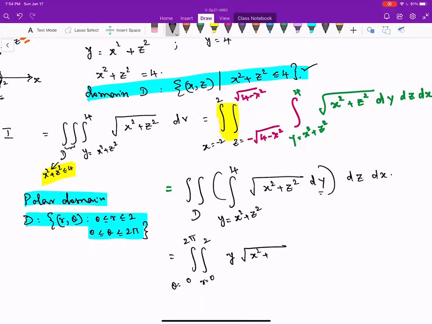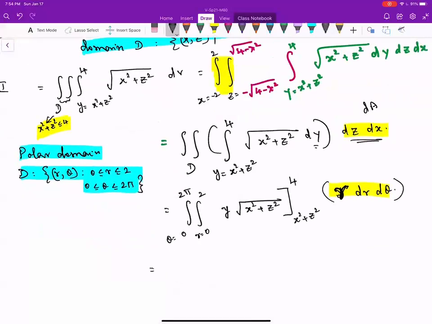It's y times square root of x square plus z square, between the limits x square plus z square to 4. Then dz dx, in terms of polar, is r dr d theta, because it's only dA on the xz plane. In polar, it becomes r dr d theta.